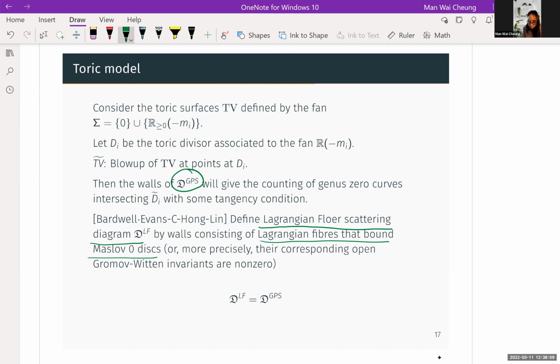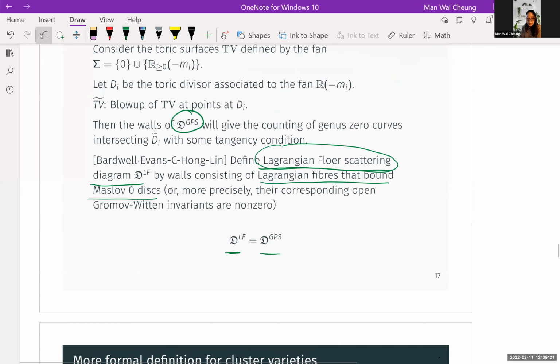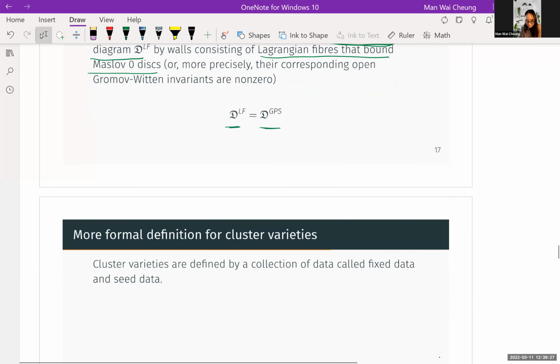And then what we show is this Lagrangian scattering diagram that we define is the same as the GPS scattering diagram. So then we wrap up everything and show that the counting are the same by this tropical holomorphic correspondence. But here, this talk will mostly focus on the cluster story.